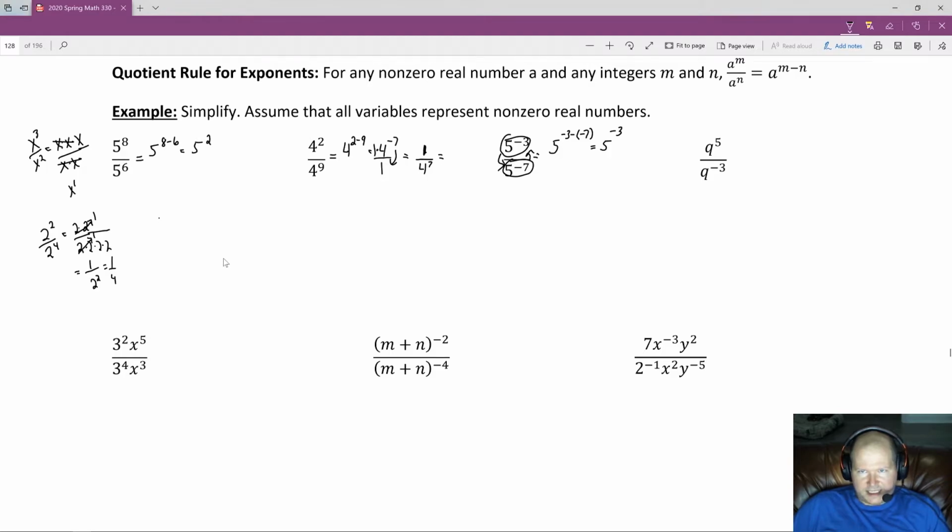But if you subtract a negative, that's the same as adding, which would be like adding a 7, in which case you'd say negative 3 plus 7 is simply 4, 5 to the 4th power, right? So that'd be 5 times 5 is 25, times 5 is 125, times 5 is 625. So you get 625, and then of course you're done with that.